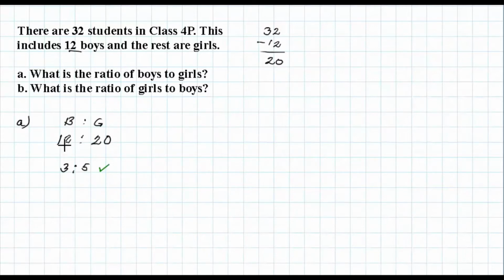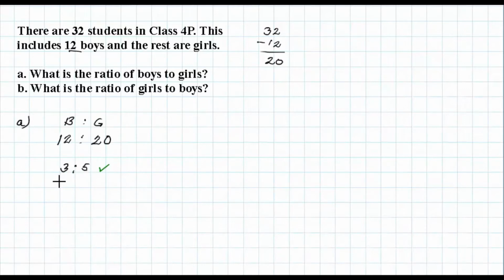Now, another way to take a look at this is to see what fraction of the class represents boys and what fraction of the class represents girls. To do that, I have to take a look at the total. 3 out of every 8, or 5 out of every 8 if I'm looking at the girls.